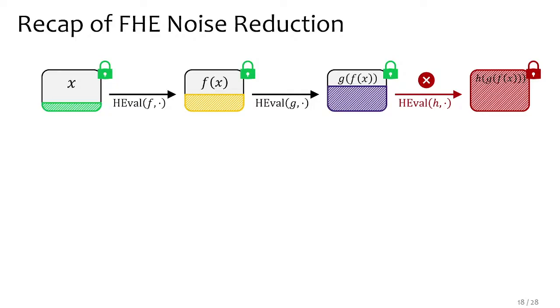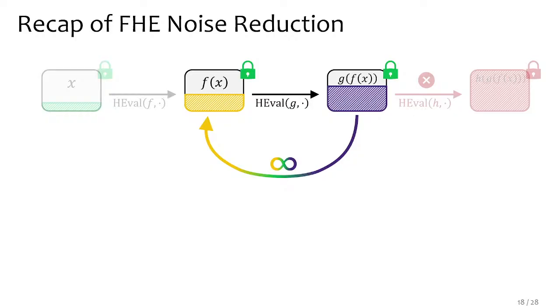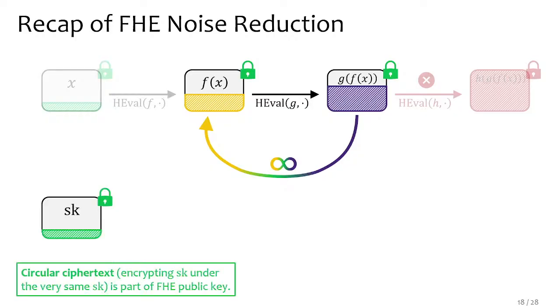The solution is to go back to the moderate noise when you are still capable of decrypting. So the way FHE does this is that you can assume circular security, and you encrypt the secret key under itself. It will be a fresh ciphertext. And then you evaluate on this fresh ciphertext.